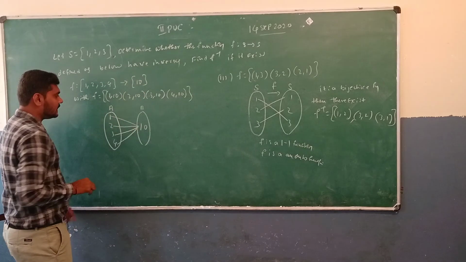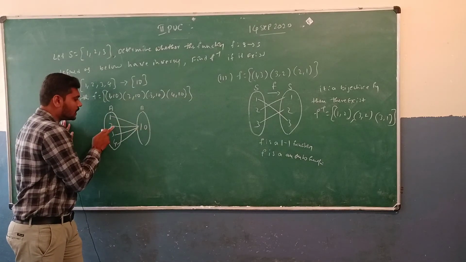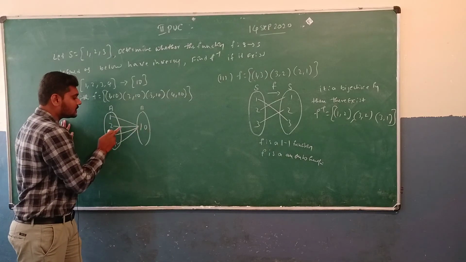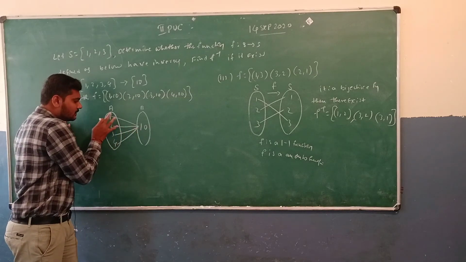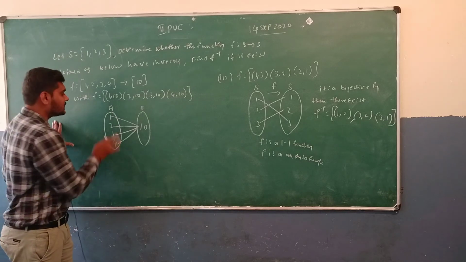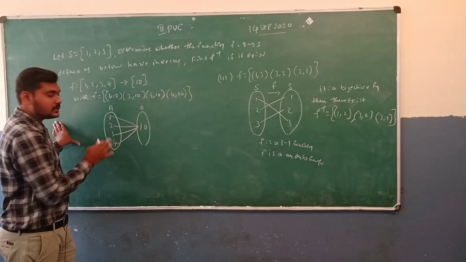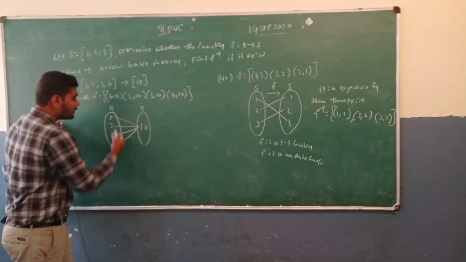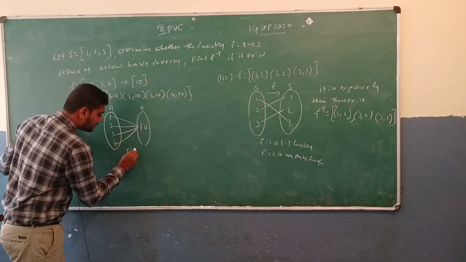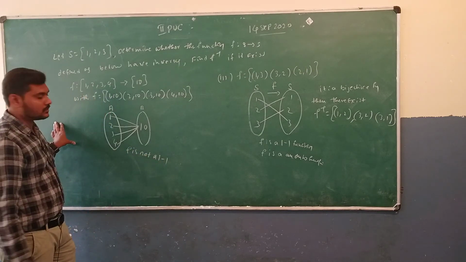Here set A has 4 elements, but 1 has the image 10, 2 also has the image 10, 3 also, 4 also. So the given function is not a one-one function, because an element in the given domain should have only one image. Here we see that all the elements have the same image. So the given function is not a one-one function.